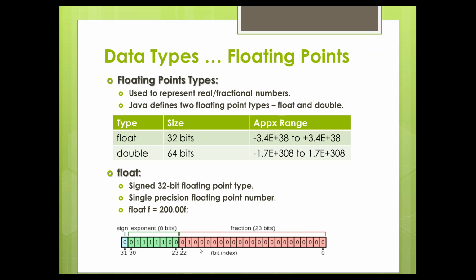Whenever you are storing a number, specifically the numbers in Java, as we mentioned, they are all signed. The most significant bit is always reserved for specifying the sign of a number.